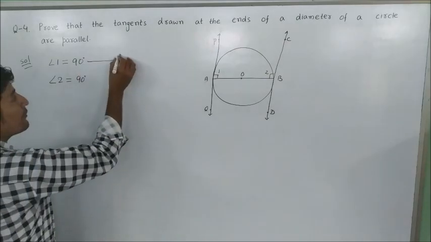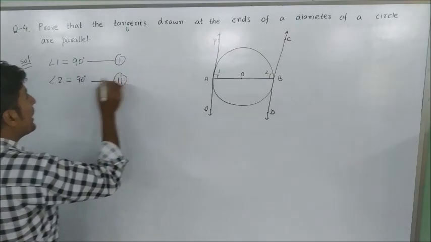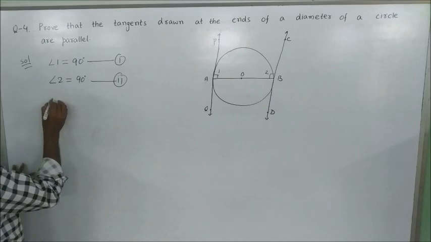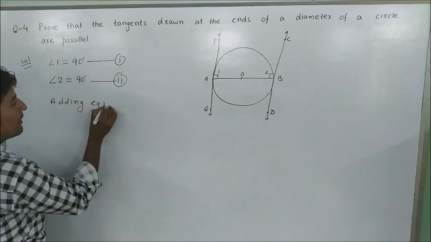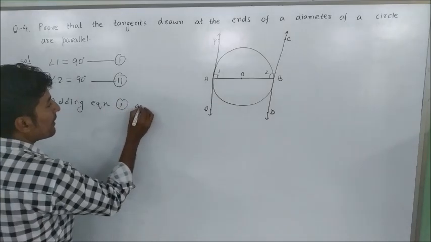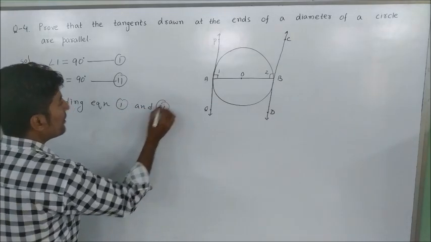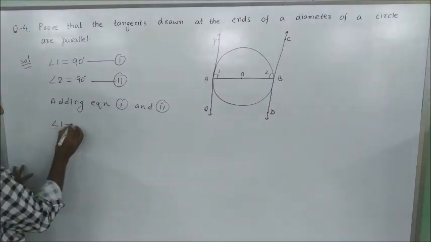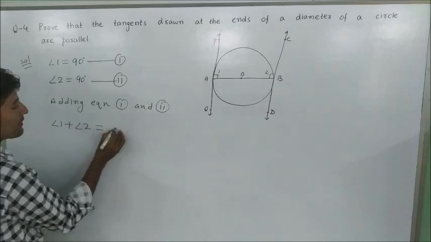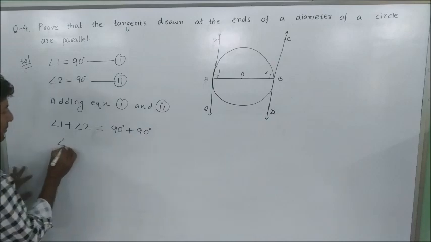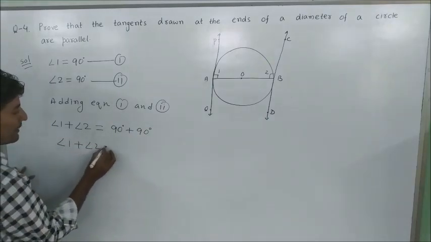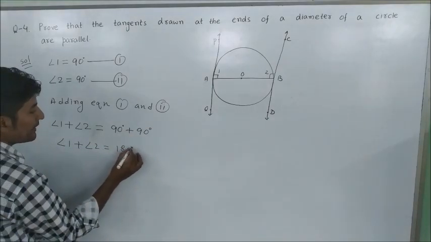After that, we have to add both the equations, adding equations 1 and 2. So here we can write angle 1 plus angle 2 equals 90 degrees plus 90 degrees, so angle 1 plus angle 2 equals 180 degrees.